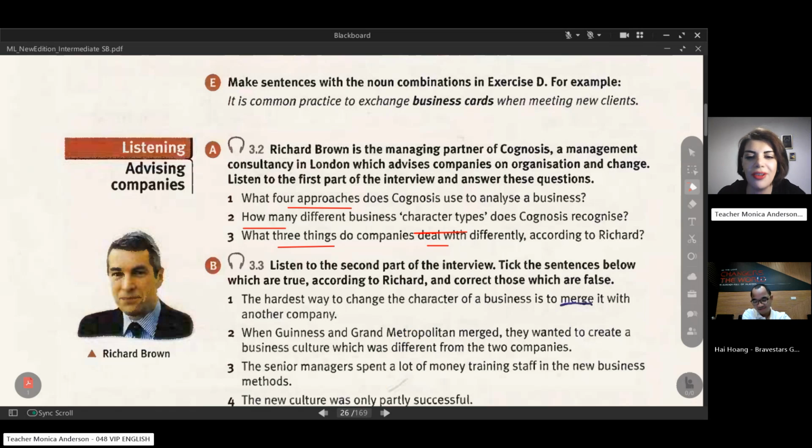So the first one. What four approaches is Cognosis using to analyze? Do you want to listen again to the first part? Something that he said first: study.